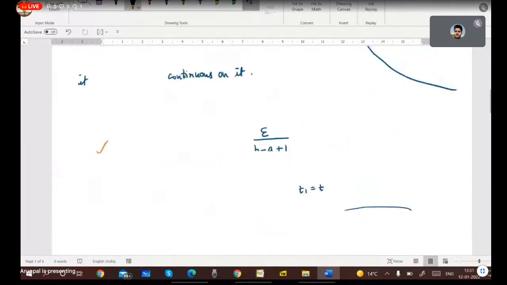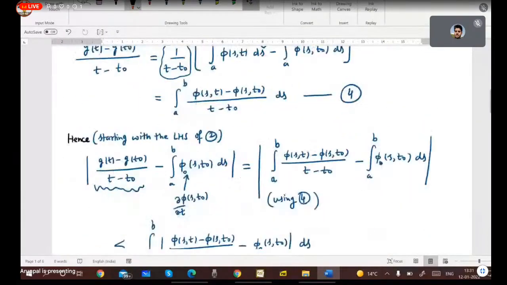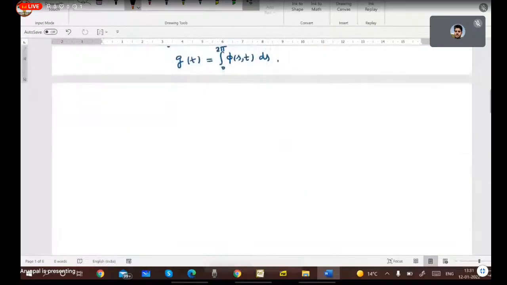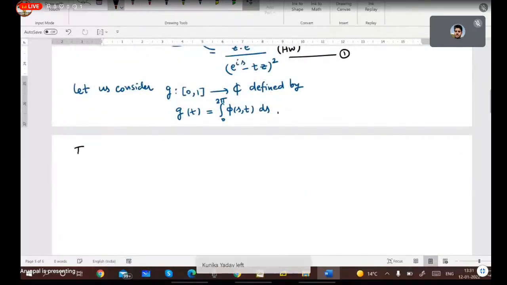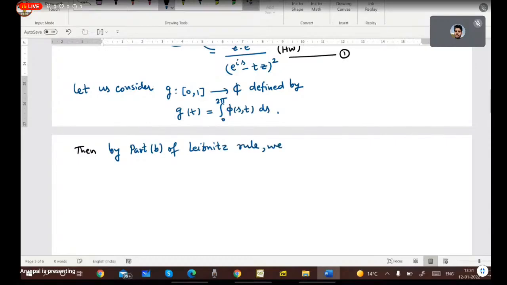Yes, sir. Right? Then by part B of the Leibniz rule, we have g dash t is equal to the integral from 0 to 2 pi of del phi upon del t (s, t) ds.